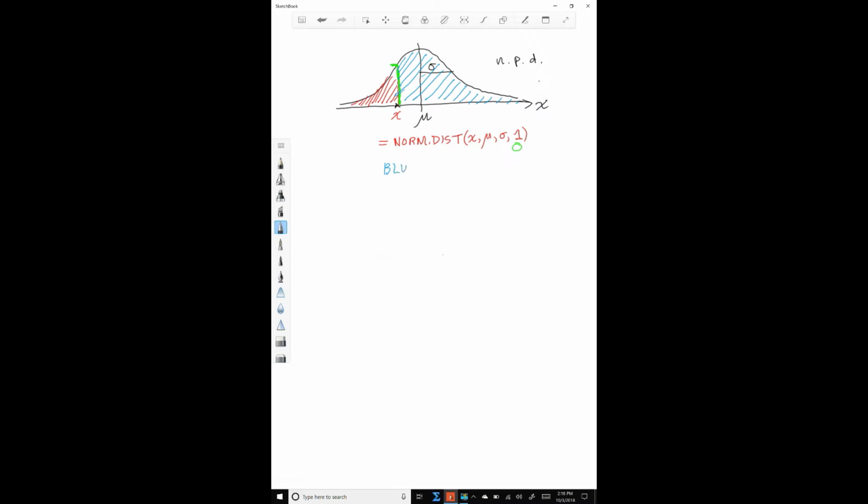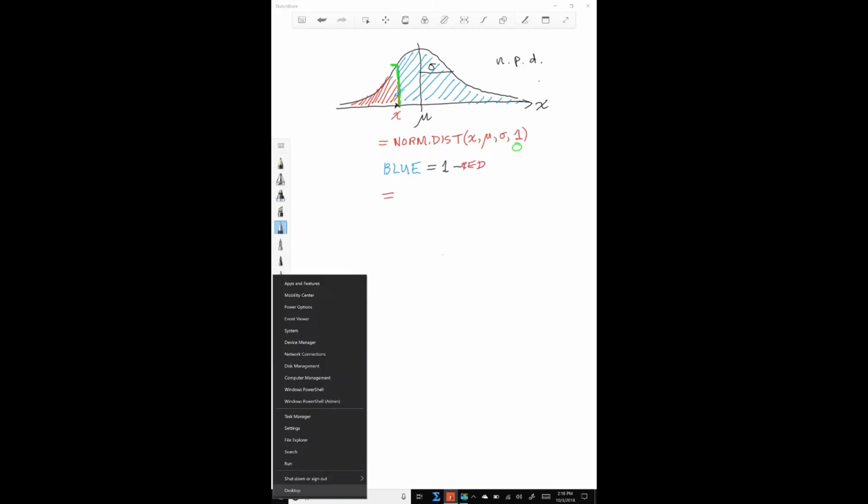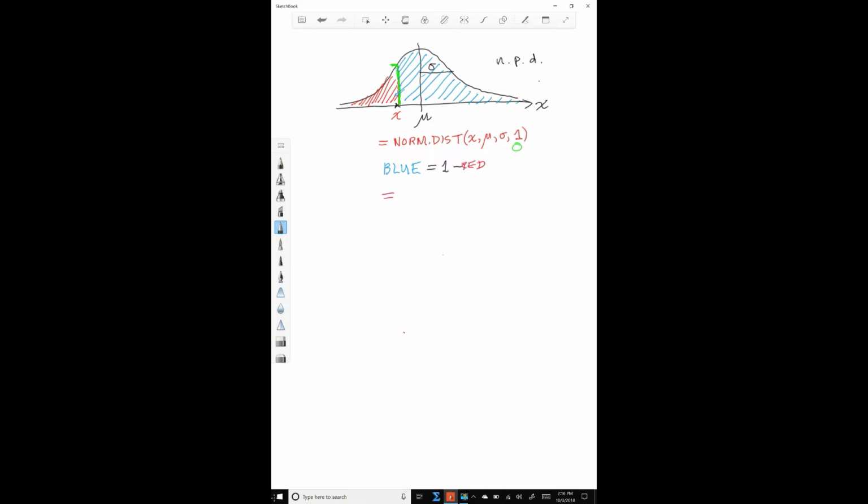Now let's see if I can do a good job with my color scheme here by using black for an equal sign, and for 1 and minus, and then switch back over to red. So you have this colorful equation: blue equals 1 minus red. And in the formulas to calculate blue, let's turn that back into blue.